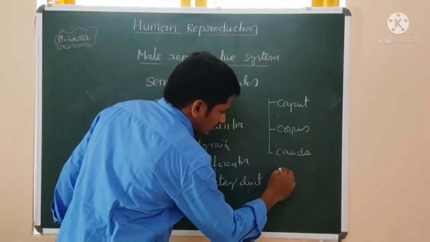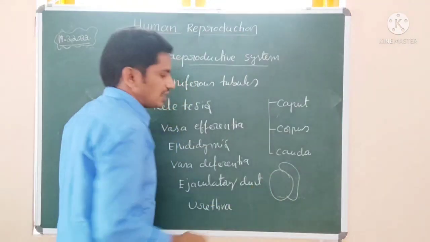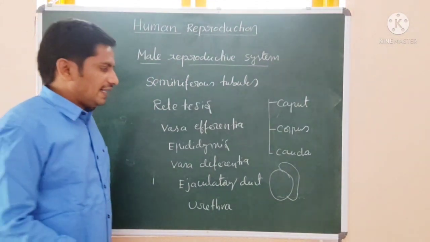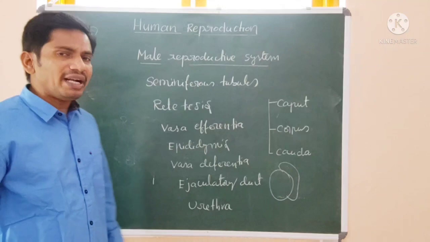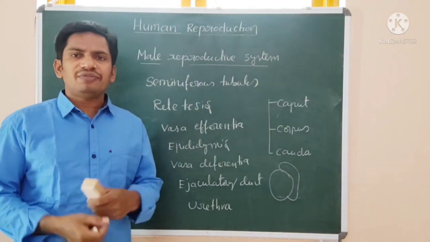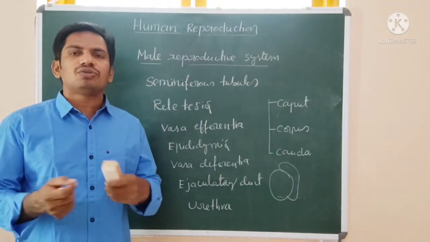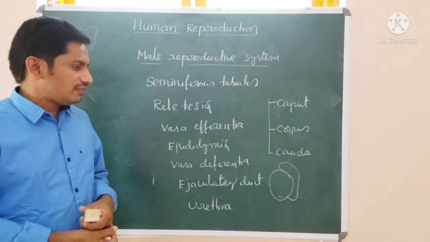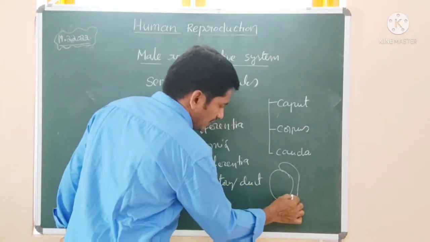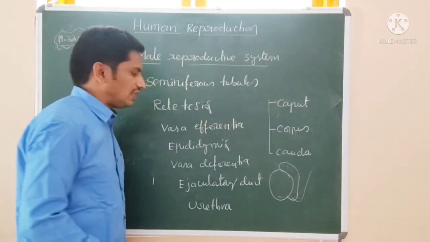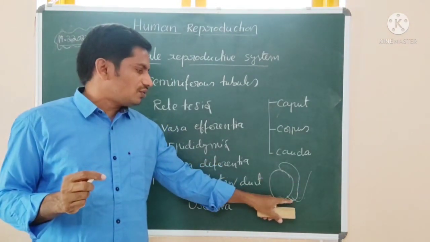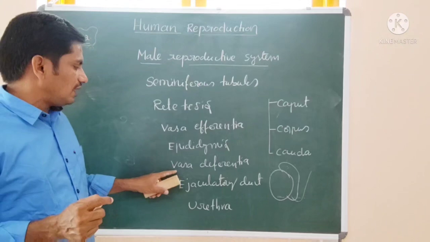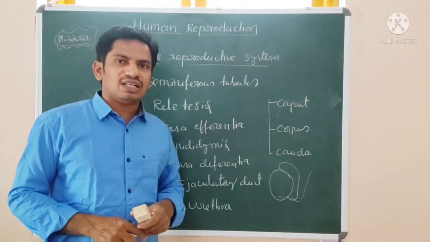The cauda epididymis provides the time for sperm maturation and storage of the sperm. After that, it leaves. The epididymis is a highly coiled tube, and it opens into the next part, the vasa deferentia.